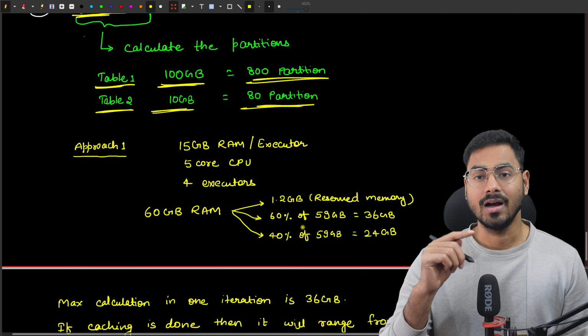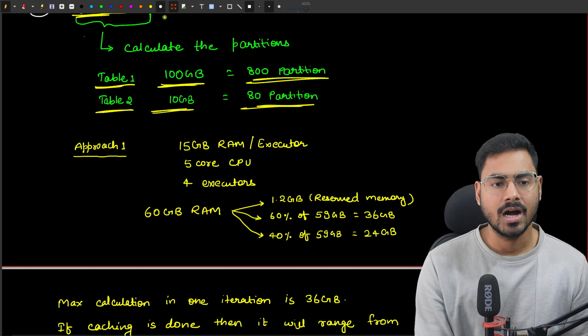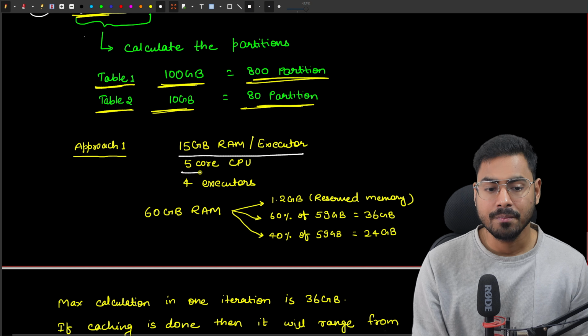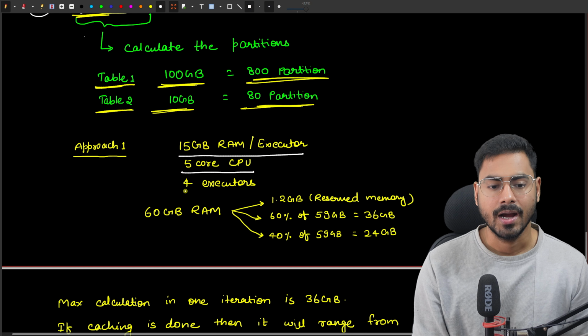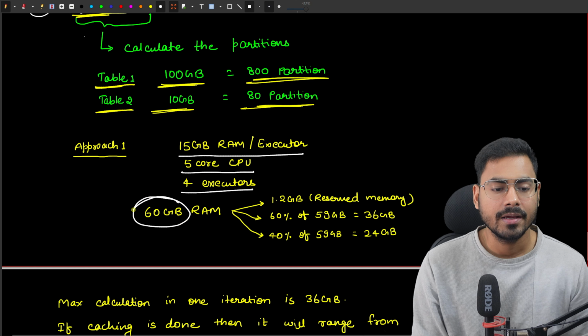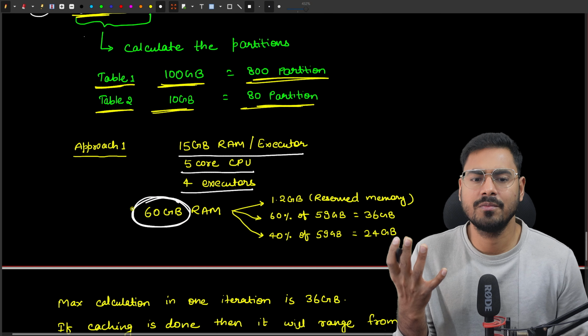Now I am going to give them approach one: I'll start with 15 GB RAM per executor, 5 core CPU per executor, and the number of executors will be 4. So in total here I am taking almost 60 GB of RAM. Where is this number coming from, right?